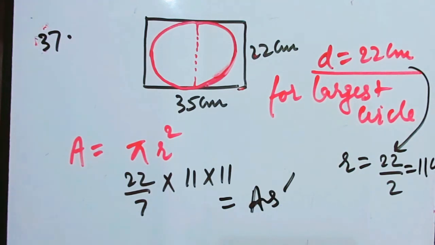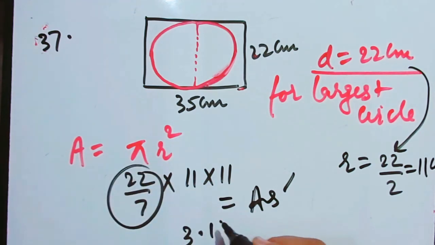Or the best thing is that you can replace 22 by 7 with 3.14.